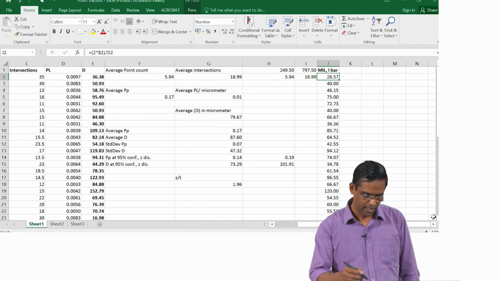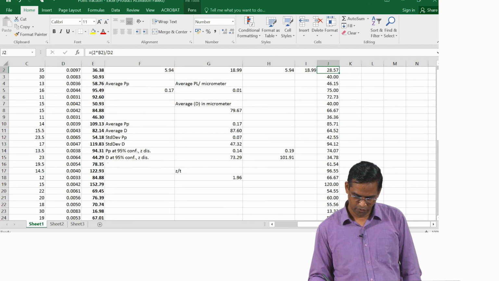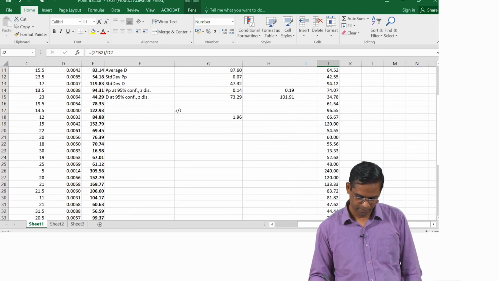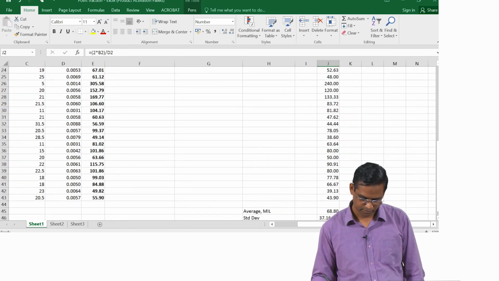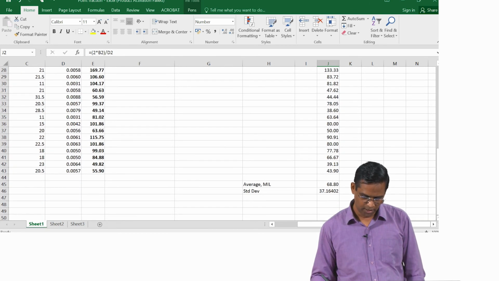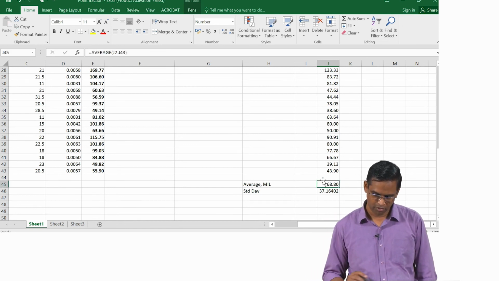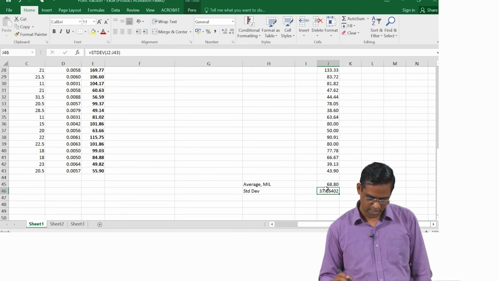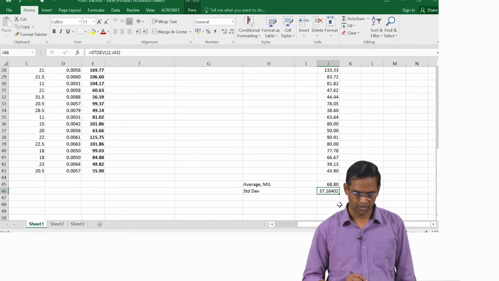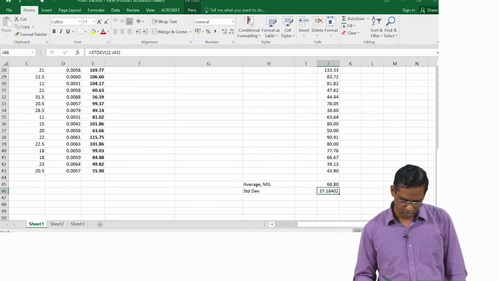In an Excel sheet you can simply paste this formula for all these 42 events of measurements. So, you get this, and the average mean intercept length is about 68.80 and the standard deviation is around 37.16.